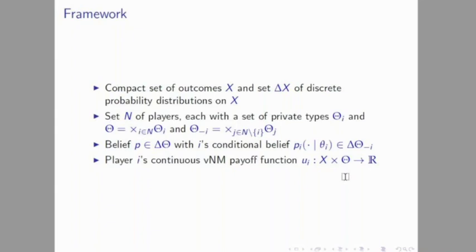So that implies that we have a common values environment. So no restrictions on the types or on the utility functions are put in that sense. So it's a common values environment.